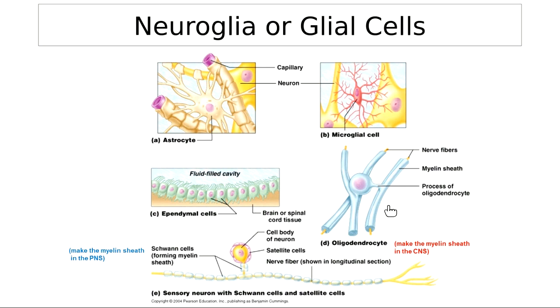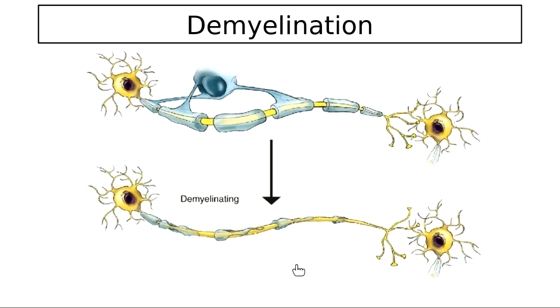Since oligodendrocytes produce a myelin sheath, there are two different areas that they do that in, the central nervous system and the peripheral nervous system. So the oligodendrocytes of the central nervous system are called neurolemmacytes. The oligodendrocytes of the peripheral nervous system are called Schwann cells, or just neurolemmacytes also. But they're the same thing.